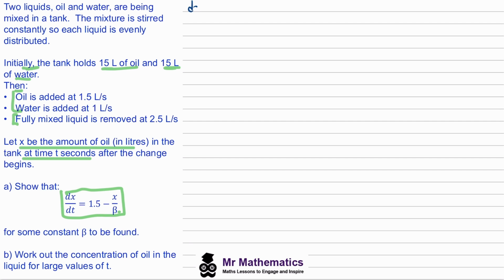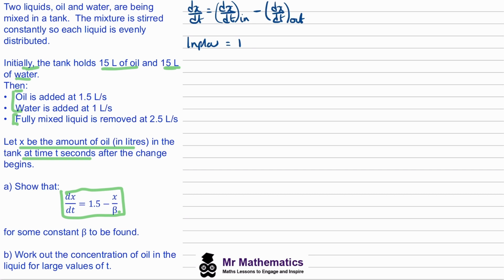So the rate of change of the amount of oil will be dx by dt. And this will be the difference between the rate at which the oil comes in, this is our inflow, and the rate at which it leaves. This will be our outflow. So our inflow, we're told that oil is added at 1.5 litres every second.